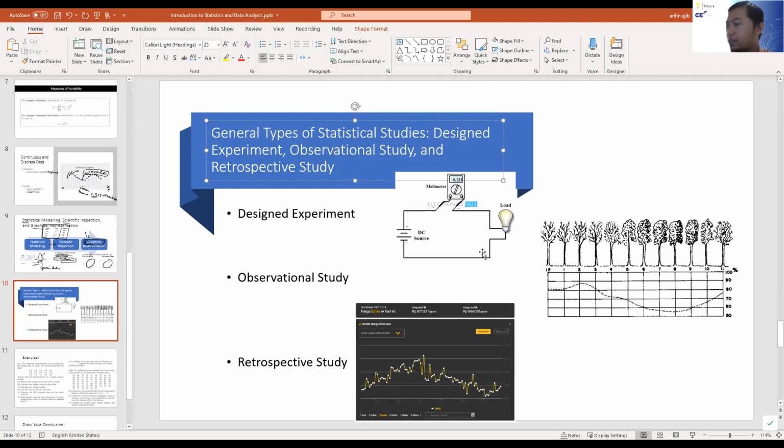You can see here, this is an experiment of measuring maybe the current flow through this circuit, and you can make continuous measurement or discrete measurement.